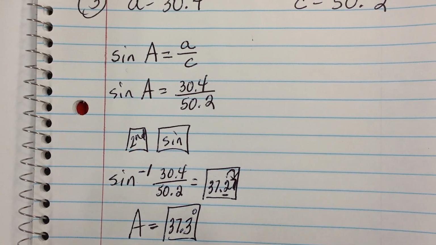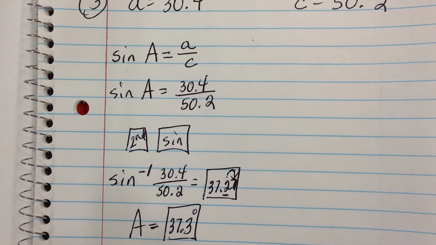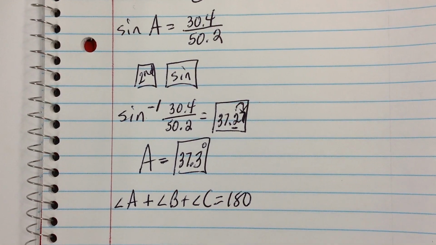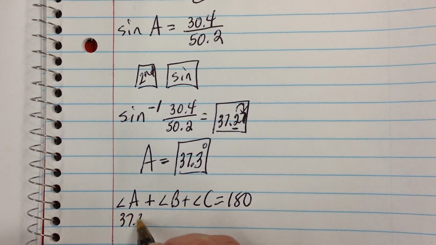Now, to find angle B, we know that angle A plus angle B plus angle C equals 180 degrees. Once you find one angle, you can add the 37.3 plus 90 degrees, which is C, and subtract them from 180. So angle A is 37.3.